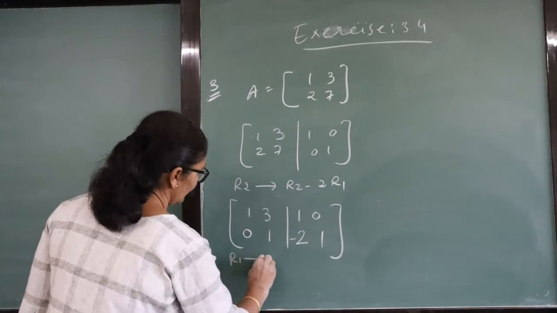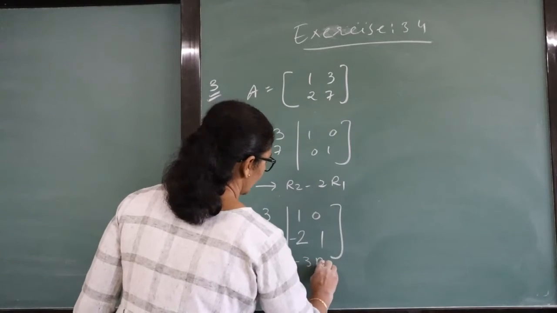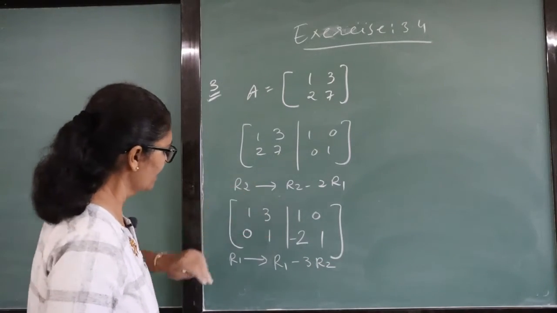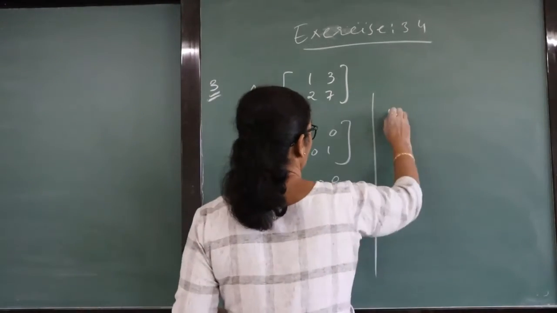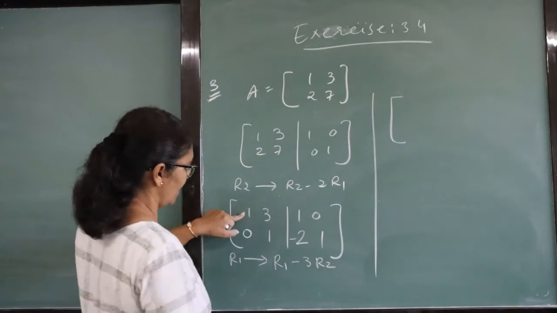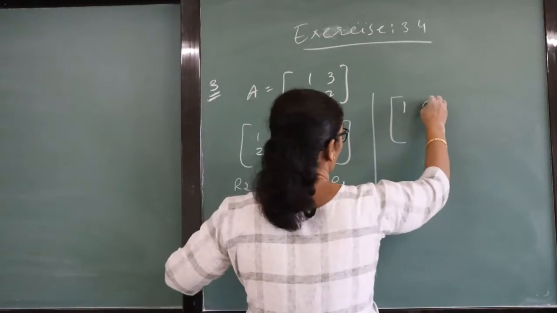So how can we write R1? We make a change in R1 and 3 times R2, means multiply with minus 3 and add here. So what you will get? First multiply 0 with 3, does not matter, it is 1 only. Multiply with 3 added here means 0.